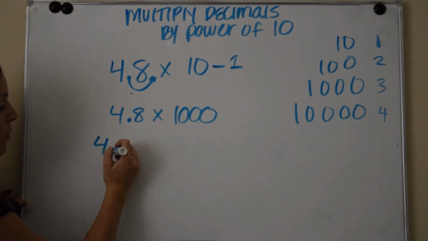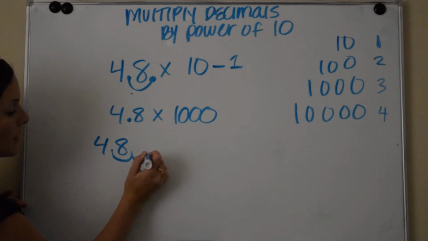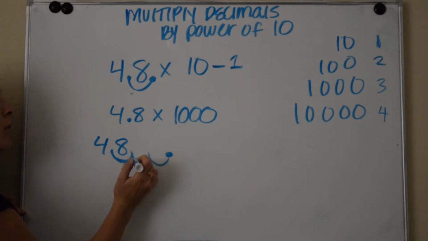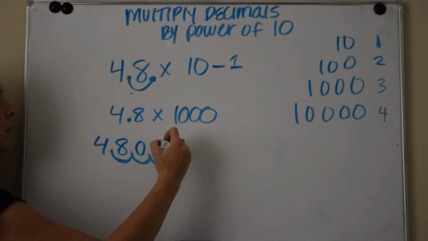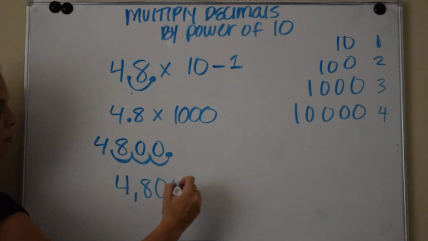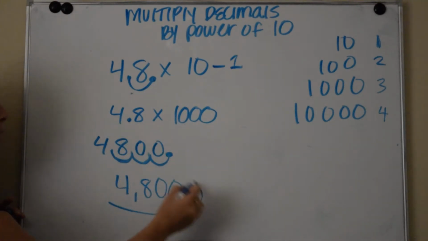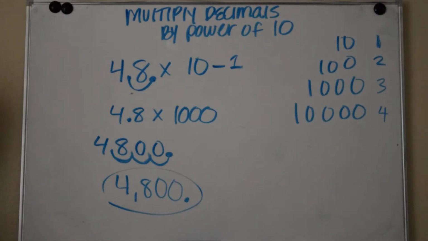So if I take 4.8 and I move it over once, twice, 3 times, I want you to draw this so that you don't forget how many spaces over you're going, so that you know how many zeros to fill in. So now my answer is 4,800. That is the answer to 4 and 8/10 times 1,000. I would get 4,800, and that decimal is sitting right there on the end.